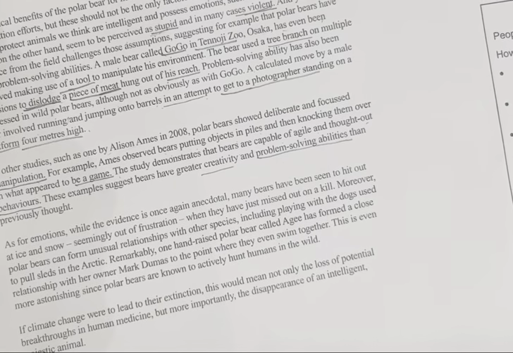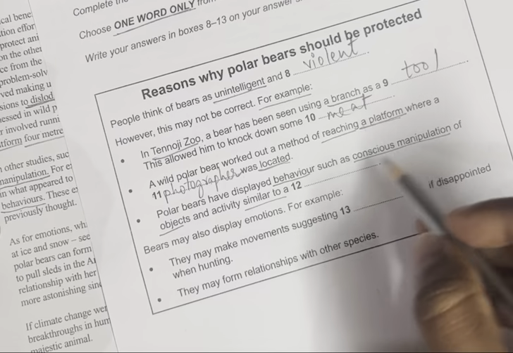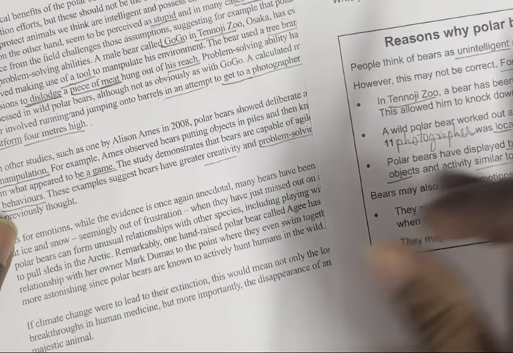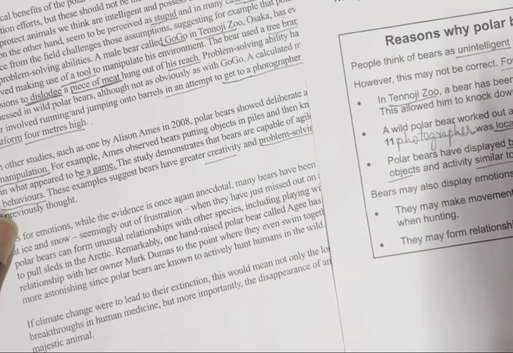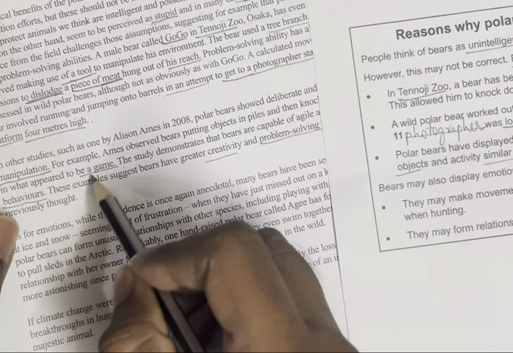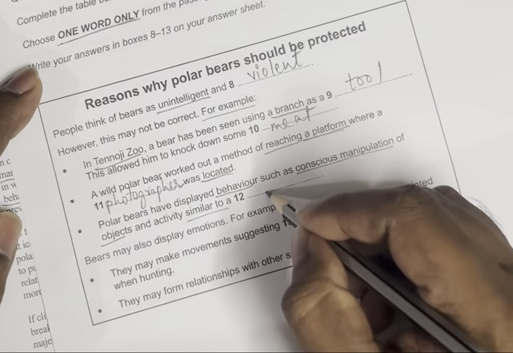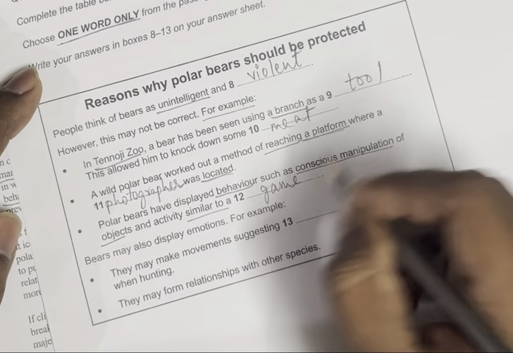Yeah, I think we got the answer right. Polar bears have displayed behavior such as conscious manipulation of objects. Manipulation of objects means putting the objects one on one and knocking them over. An activity similar to, in what appeared to be a game. Right? So the answer here is game.